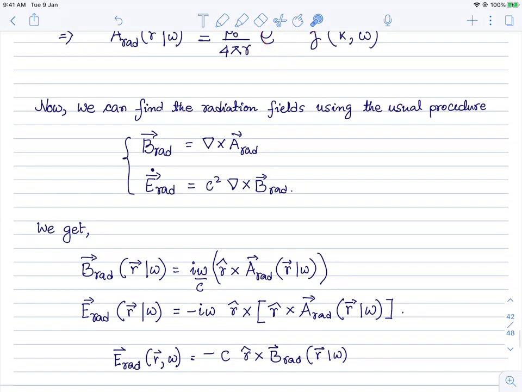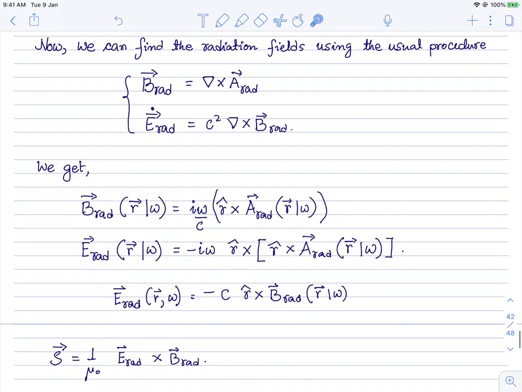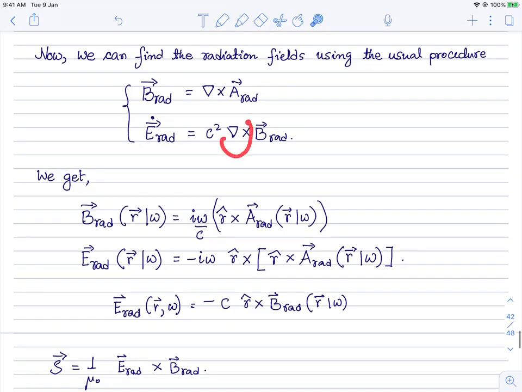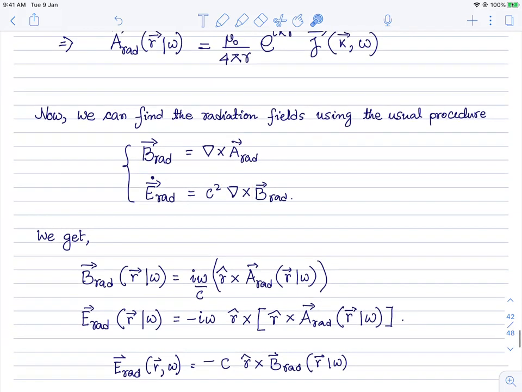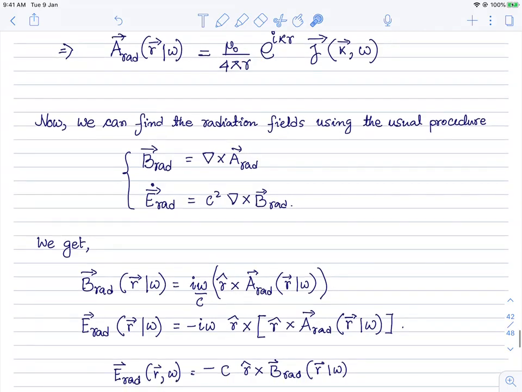And if it hits the e to the power ikr, you'll get an ik r hat for the magnetic field. The electric field similarly is going to give you another curl here. Again, I'm considering only the 1 over r pieces. You have to be a little careful, since the curl can also act on this 1 over r, but it doesn't matter, it will give you higher powers of 1 over r.